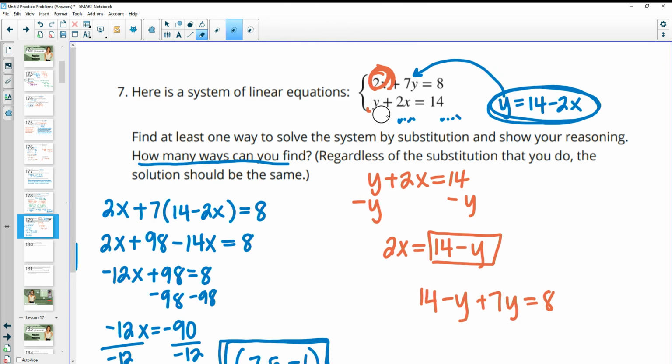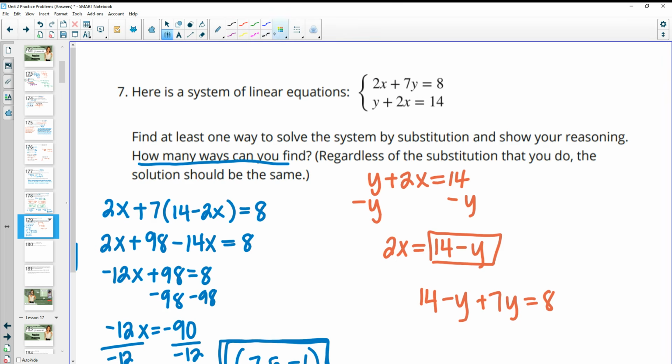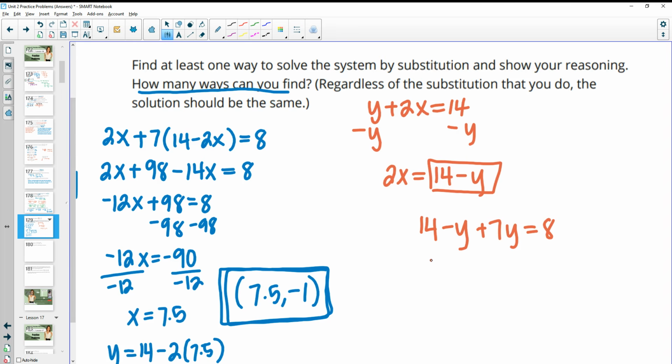So let me get rid of the rest of this so it's easier for us to look at. But where I saw 2x, I just replaced it with the 14 minus y. So then we have 14, negative y plus 7y is 6y equals 8.